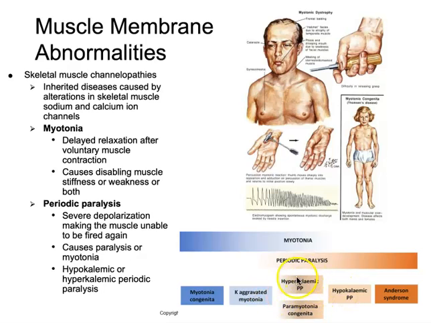Now, closer to the middle over here, we have our hyperkalemic PP, and this is triggered by us having increased potassium. And also when we rest after exercise, because when we exercise, potassium shifts out of our cells, and during rest, it moves back in. And this is called a rebound effect. We can also have it triggered if we have a carb-rich meal.